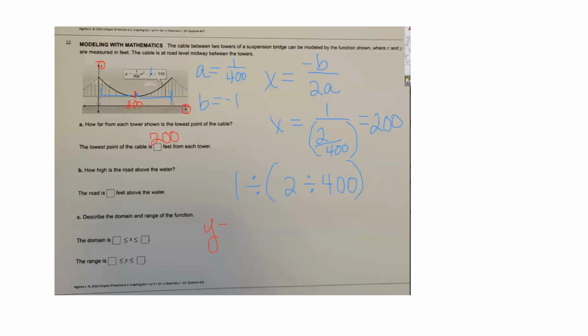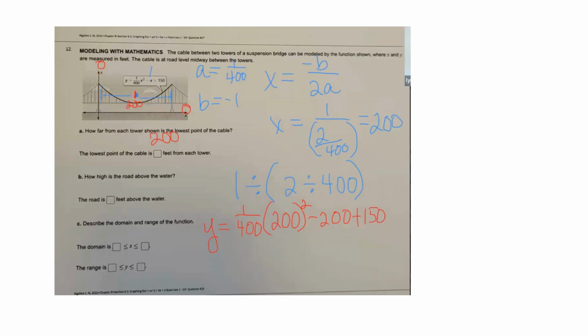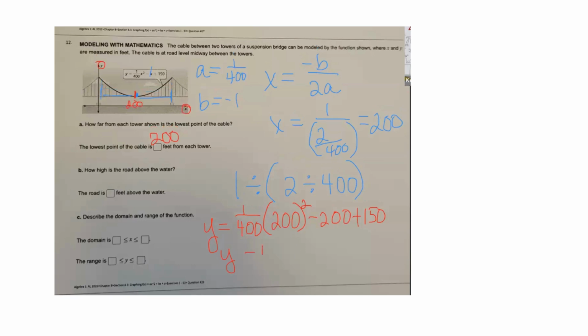So y equals 1 over 400 times 200 squared minus 200 plus 150. So plug that in and see what you get. When you plug all that in, you get 50. So the road is 50 feet above the water.